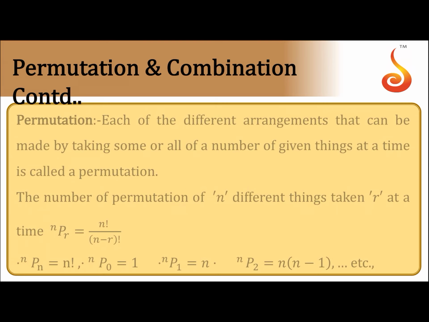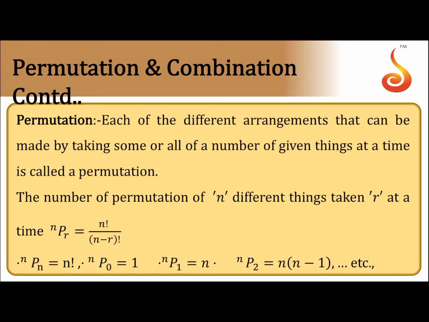Coming to the next one, permutation. So what is meant by permutation? Each of the different arrangements that can be made by taking some or all the given things at a time is called permutation.